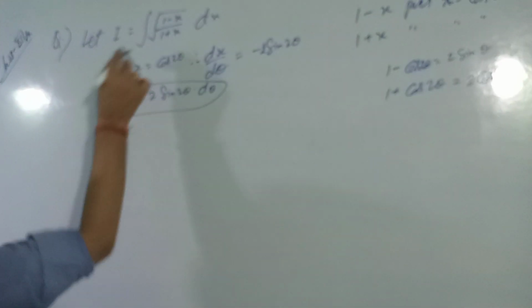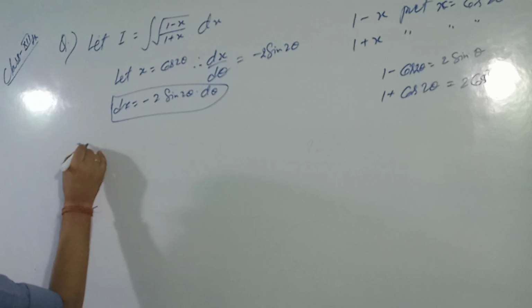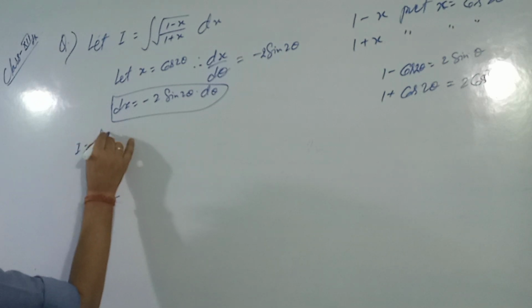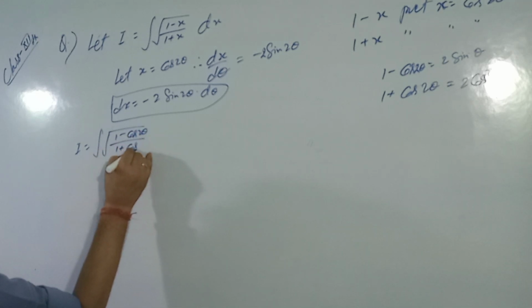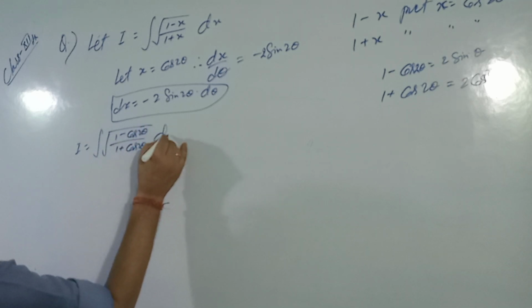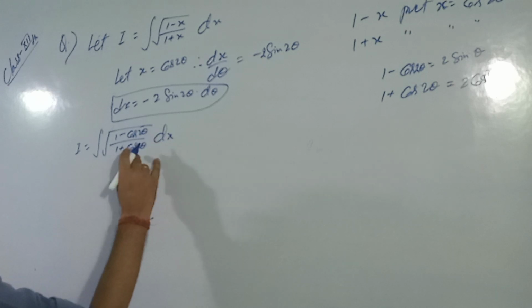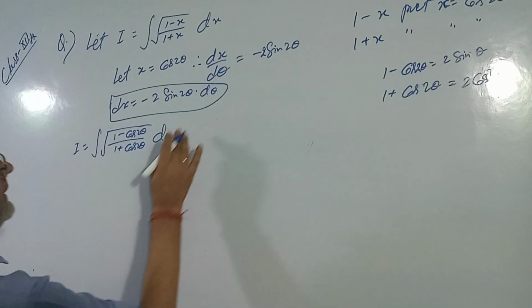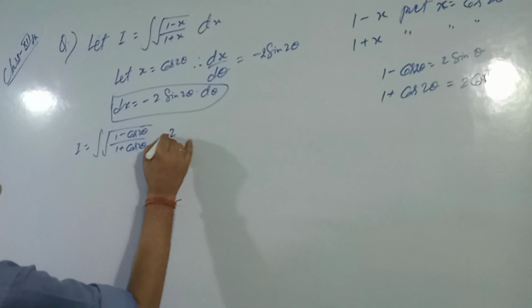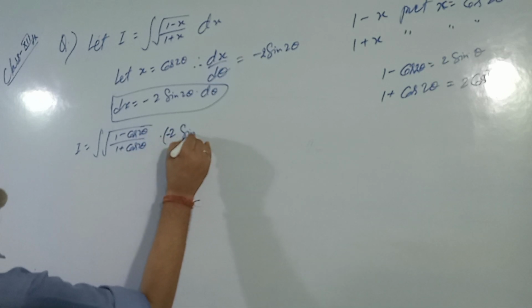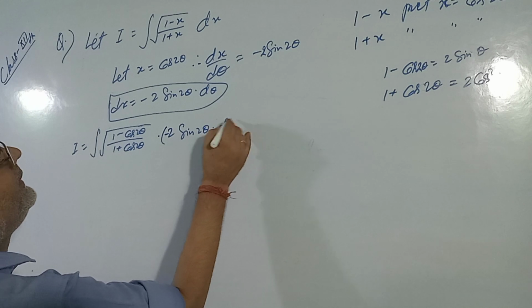Putting the value, I equals the integration of the square root of (1 minus cos 2 theta over 1 plus cos 2 theta) times dx, and dx is replaced by minus 2 sin 2 theta d theta.